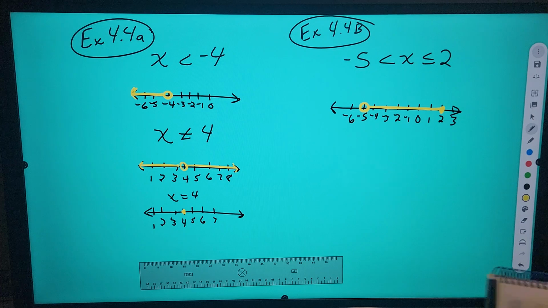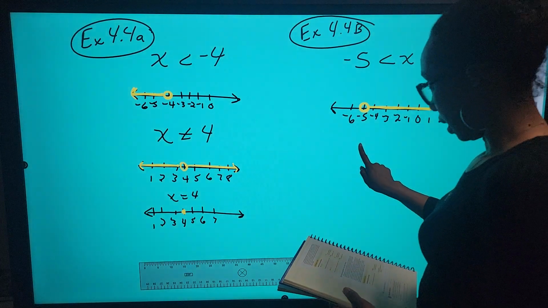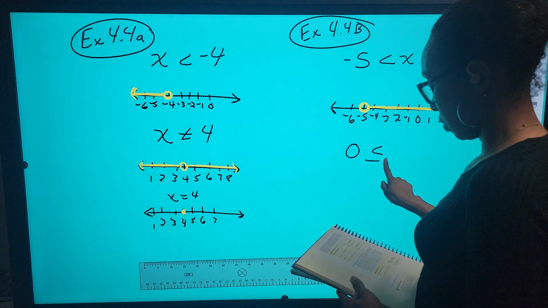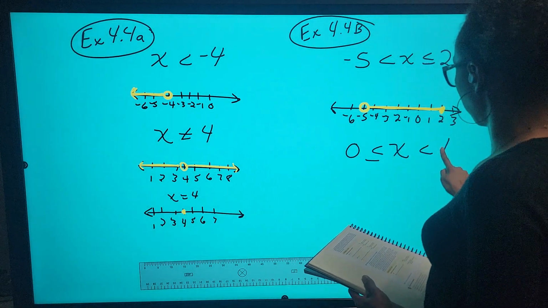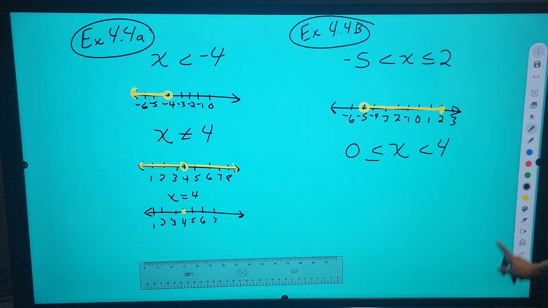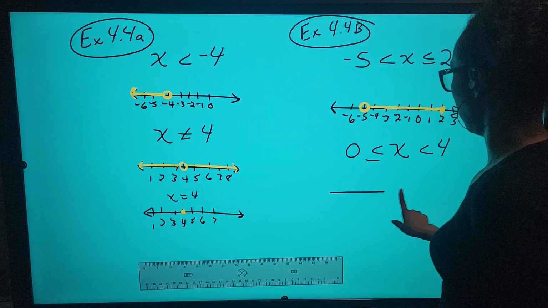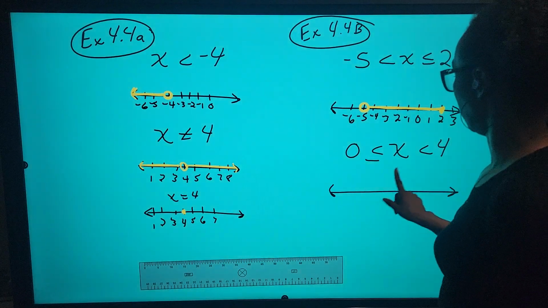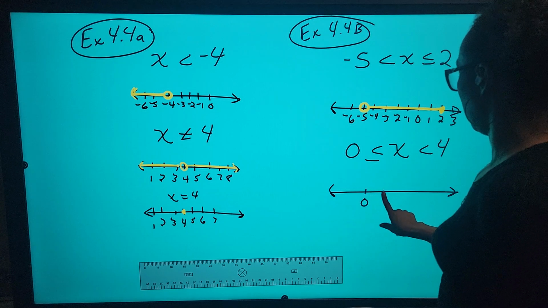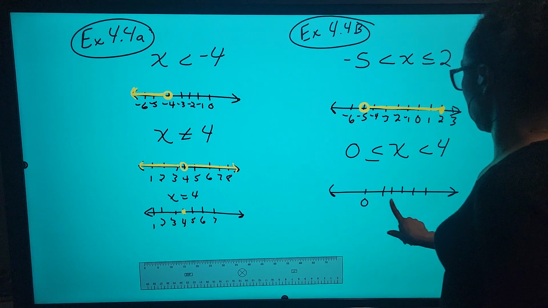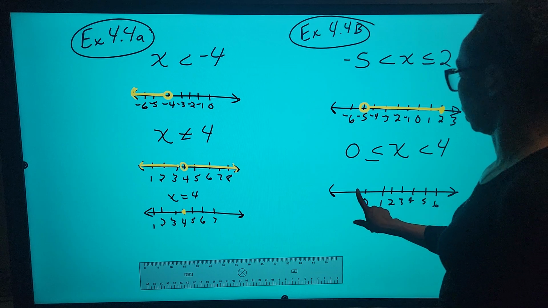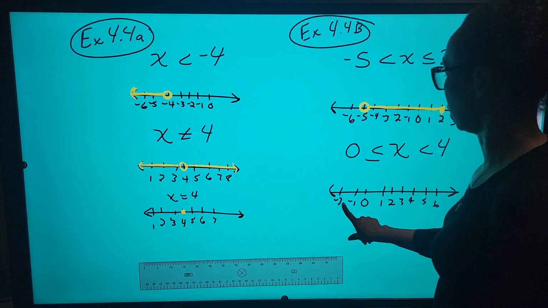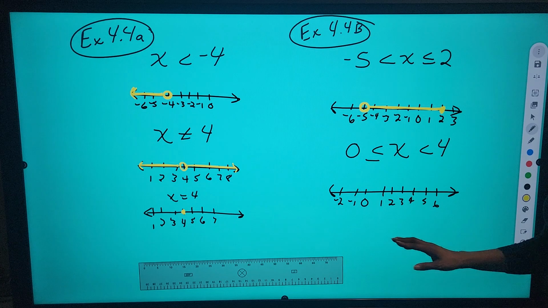Let's look at one more from this example set. They've also got 0 is less than or equal to x, which is less than 4. Again, number line, and we'll put both numbers in there. We'll put a 0, 1, 2, 3, 4, 5. We'll put a couple negative numbers in there. And let's take a look.